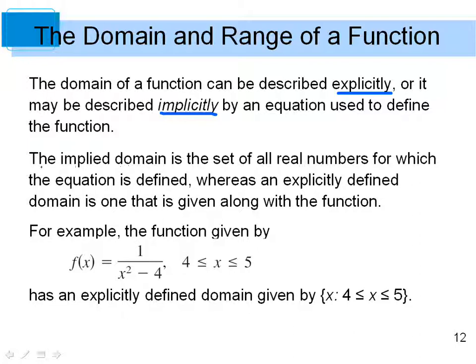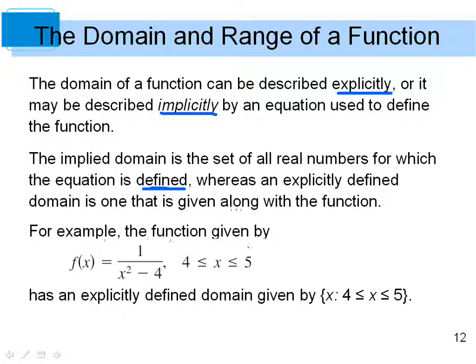So if you read this paragraph, it says the implied domain is the set of all real numbers for which the equation is defined. Or you can think of the word where it works. Whereas an explicit domain is one that is given along with the function.